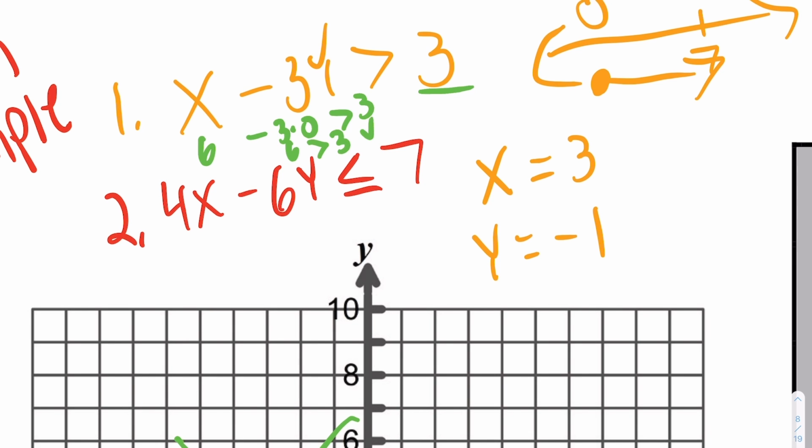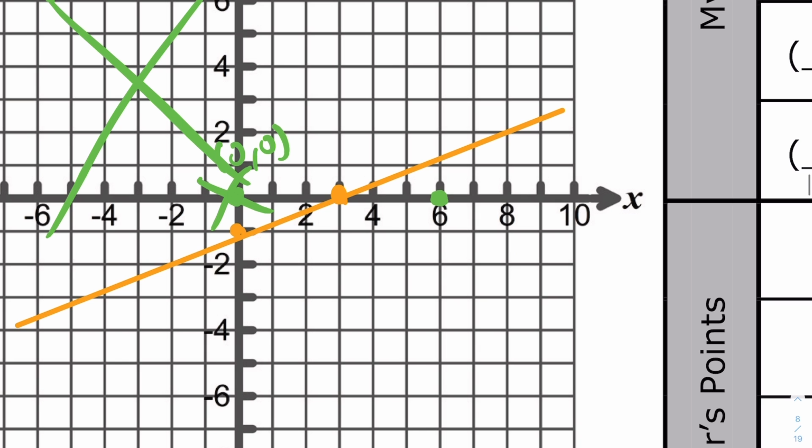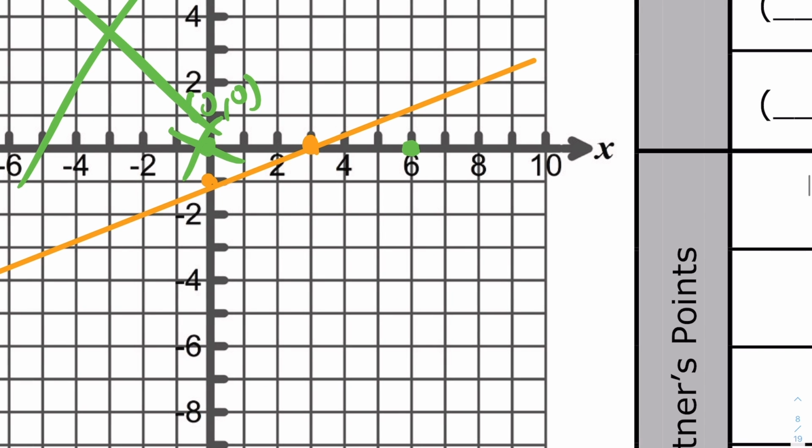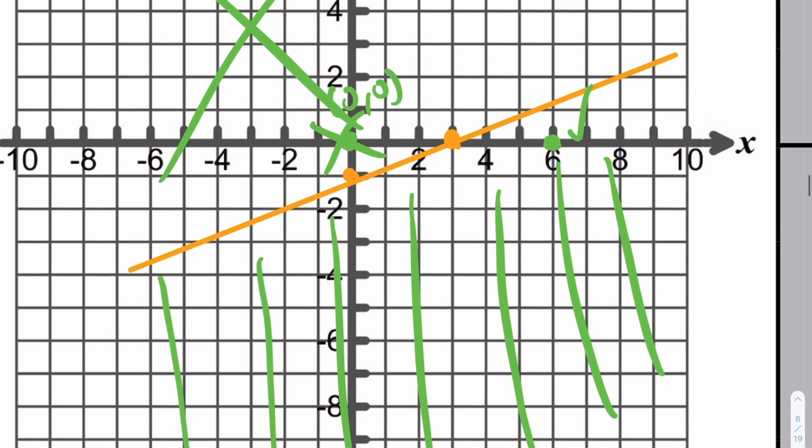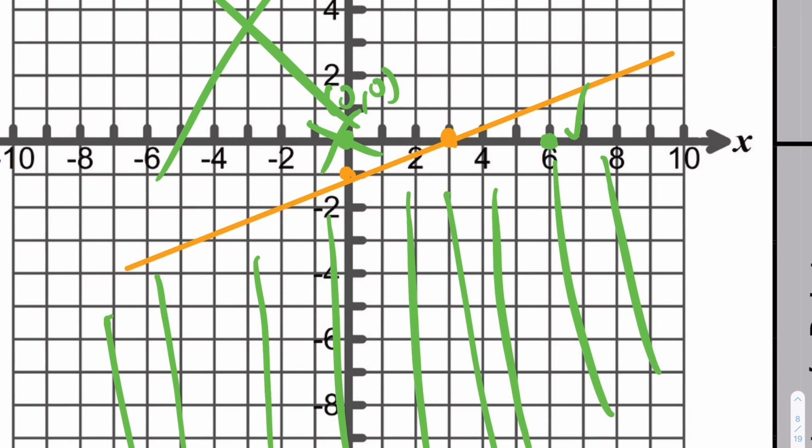Yes, it is. That's a check mark. So, 6, 0 is a solution, and so is everything else on this side of my orange line. Let me go ahead and put some arrows on that orange line.